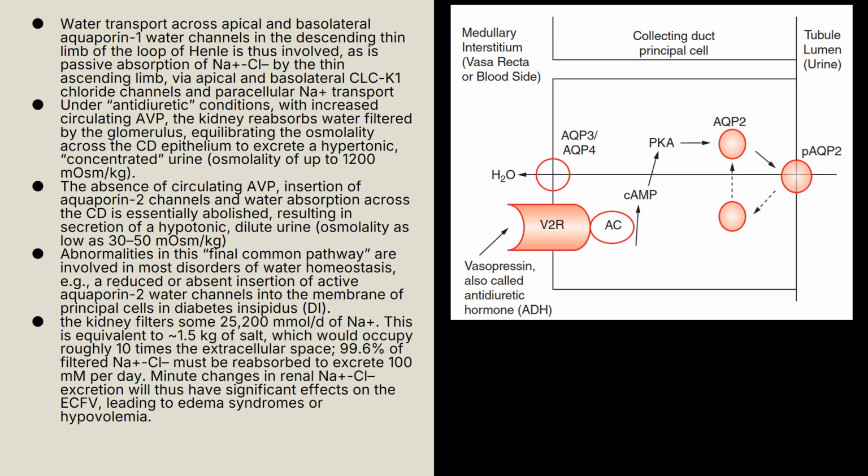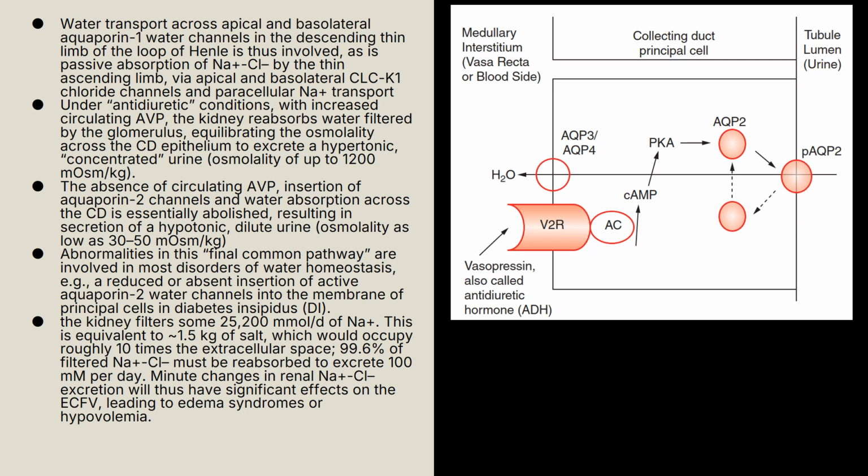This allows free water to flow through the principal cell in the collecting duct from the lumen towards the interstitium and then be reabsorbed back to the circulation and the blood. Now, if there is a failure or a deficiency of this aquaporin 2 with an adequate amount of AVP, we call this nephrogenic diabetes insipidus.